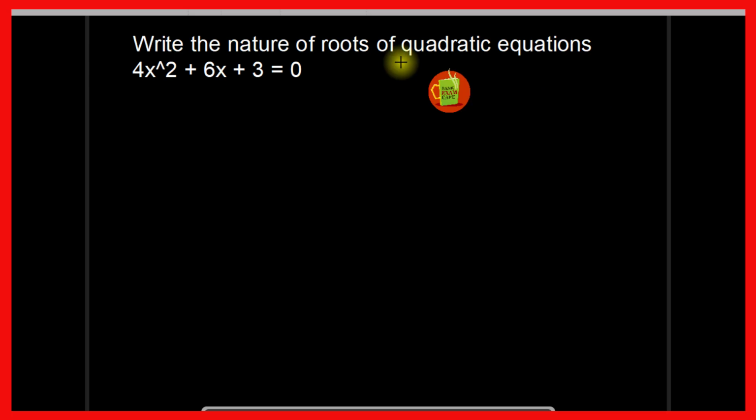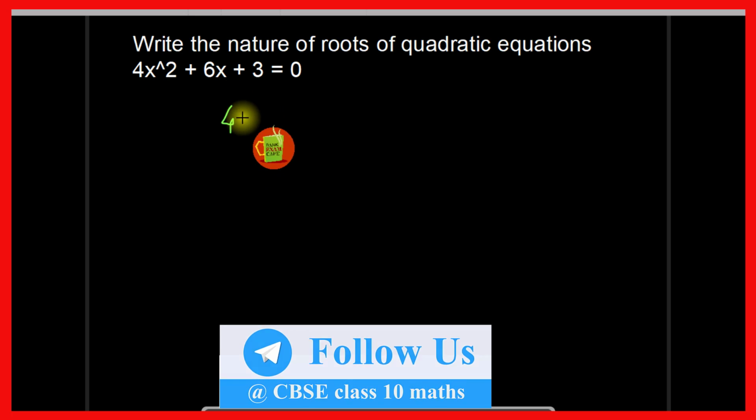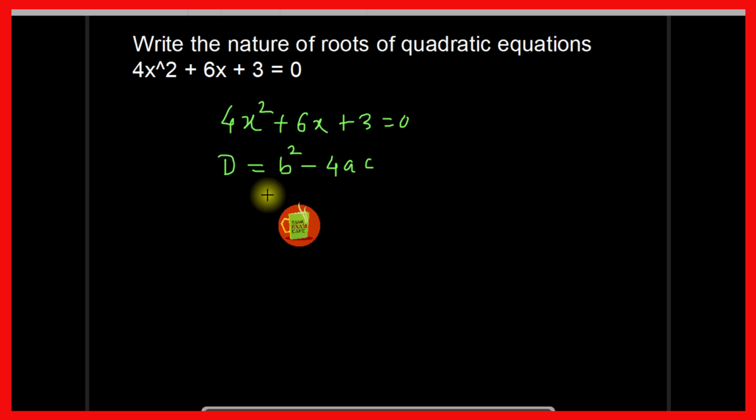Write the nature of the roots of the quadratic equation 4x square plus 6x plus 3 is equal to 0. We have to write the nature of the roots. The nature of the roots means whether it has no solution, distinct solutions or a unique solution, that we have to state. So the given quadratic equation is 4x square plus 6x plus 3 equal to 0. Now here we will first find D, the discriminant, given by the formula b square minus 4ac.